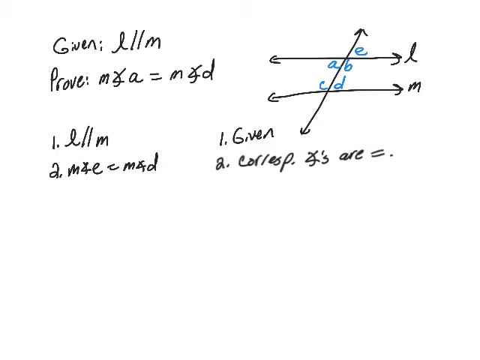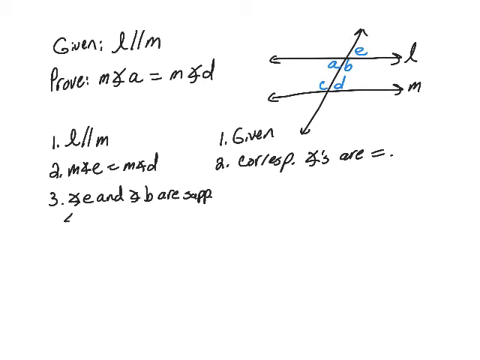All right, so then what we look at is, well, what else do we know? We know that E and B are supplementary because they are linear pairs, and A and B are supplementary because they are linear pairs. So we can write something like that. We can say angle E and angle B are sup, because you can abbreviate.